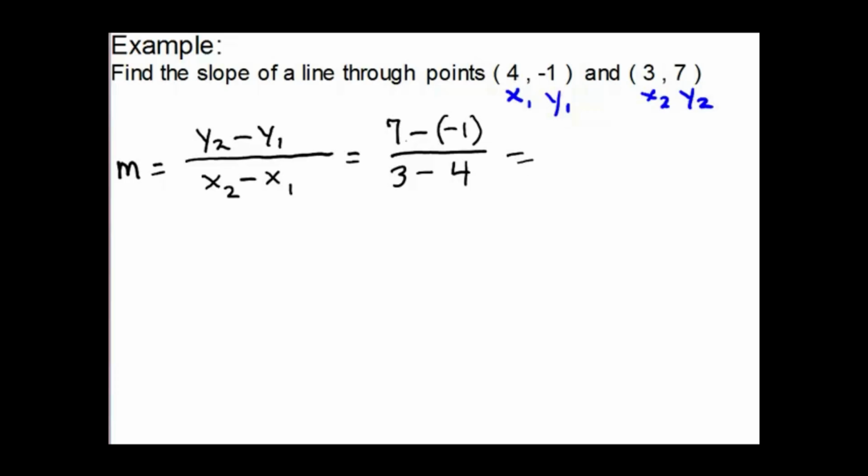Working out the numerator, remember minus a negative gives you a plus, so we have 7 plus 1 gives us 8. On the denominator, 3 minus 4, or 3 and a negative 4, will give us a negative 1. And then we can simplify 8 over negative 1 is just a negative 8.